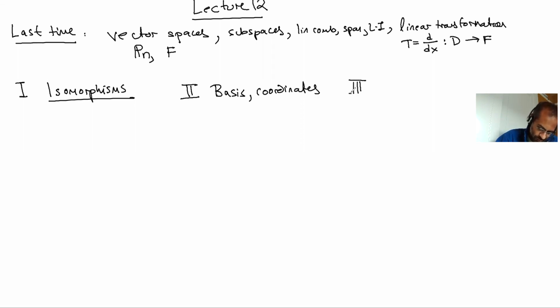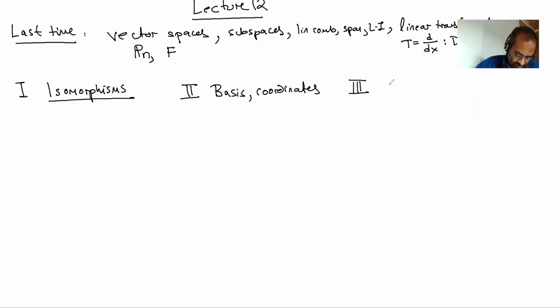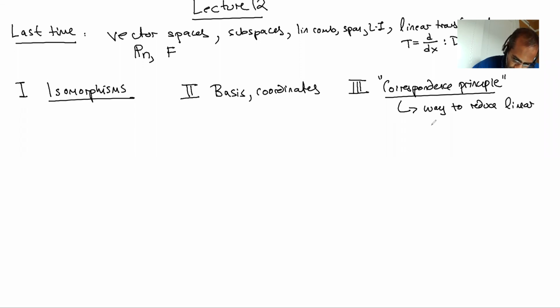And then finally, we will use these concepts of isomorphisms, basis and coordinates to prove a very simple fact, which I'm going to call the correspondence principle. It's a particular type of isomorphism ultimately, but really it's a way to reduce linear algebra in some general vector space V back to linear algebra in Rn.